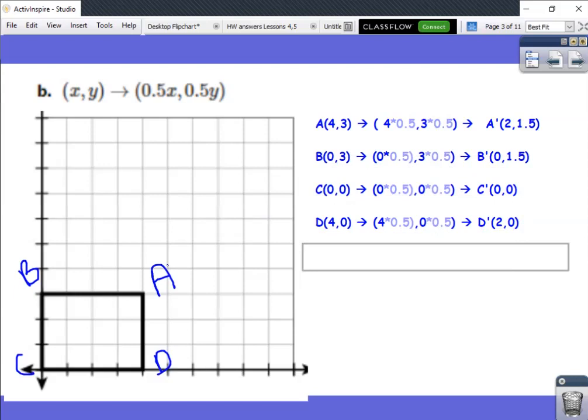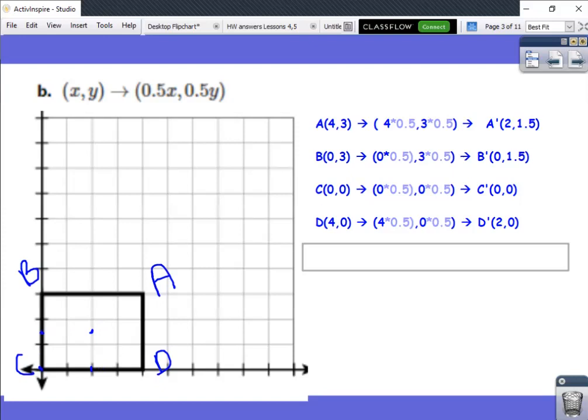Okay, so A will be at 2, 1.5, which is about here. My B prime is 0, 1.5, so about here. C prime stays 0, 0, doesn't move. And D prime becomes 2, 0 right here.